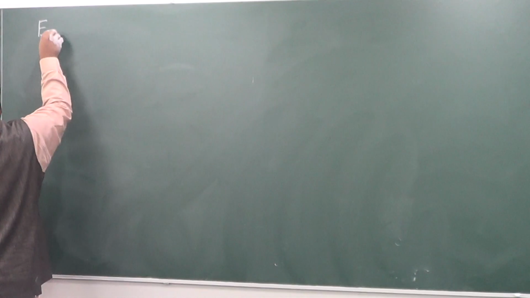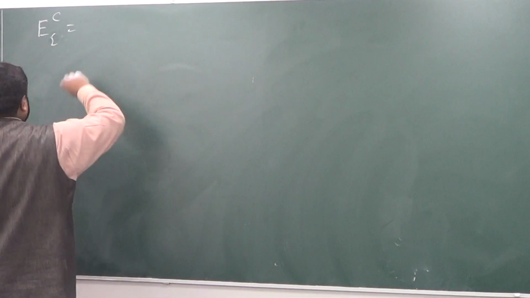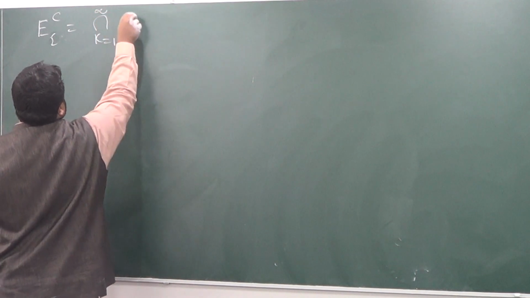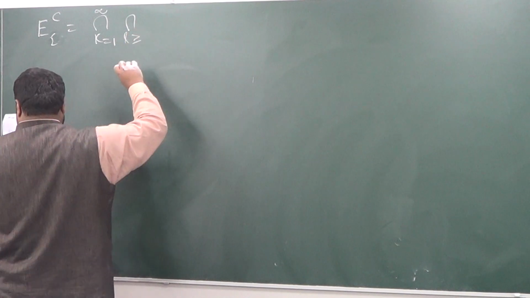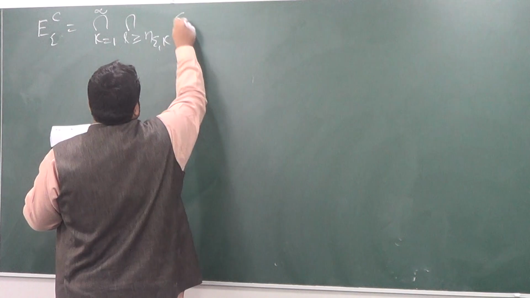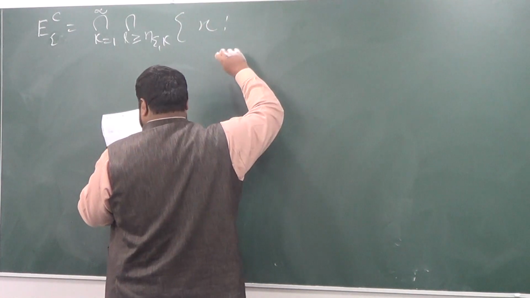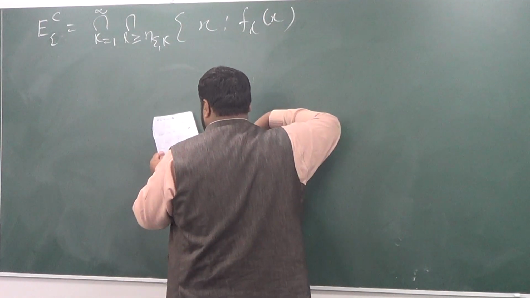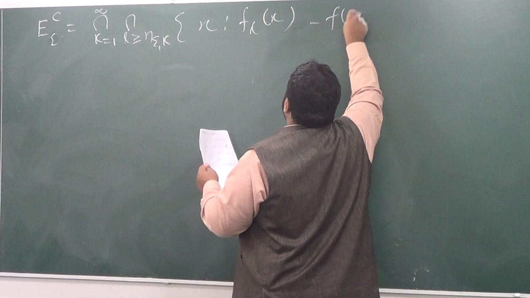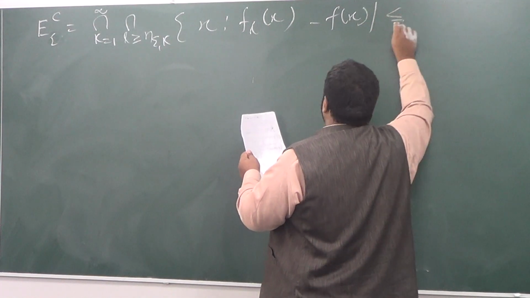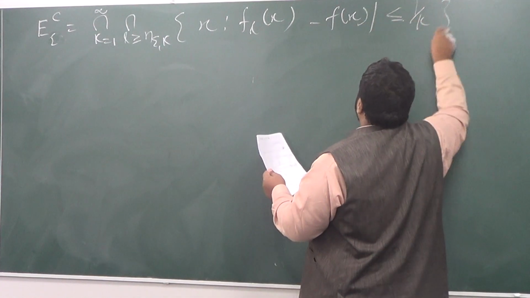See that E epsilon complement will be the set intersection over k equal to 1 to infinity, intersection over L bigger than or equal to n epsilon k, of the set of x such that f_L of x minus f of x is less than or equal to 1 over k.